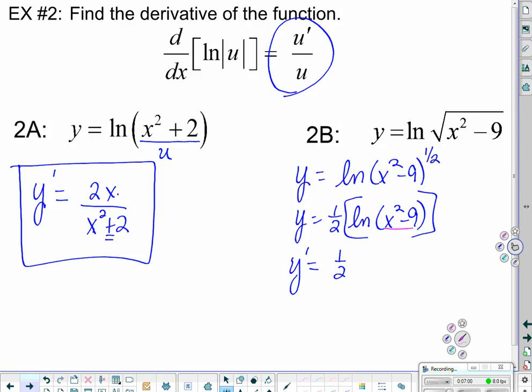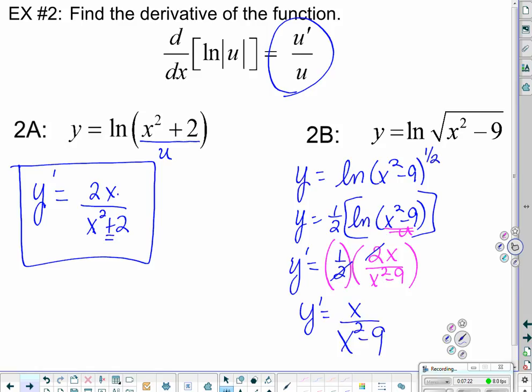So I'm going to have x squared minus 9 as my u. That'll give me a 2x over x squared minus 9. In this case, since we have two groups multiplying, this 2 may cancel into that 2. 2 divided by 2 gives me 1. I end up with x over x squared minus 9.